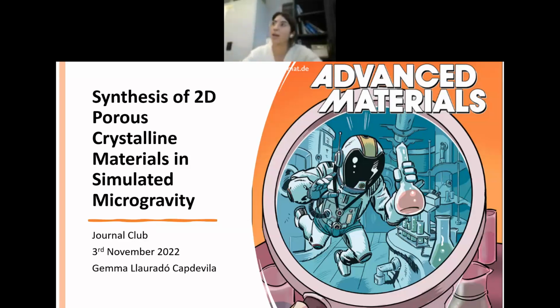So for example, as I was showing with this nickel HITP MOF, you can only obtain these high conductivity values in harsh conditions, let's say, like if you press pellets. So I think that it depends, but it can be used in many things.